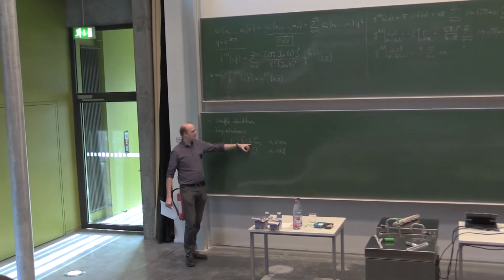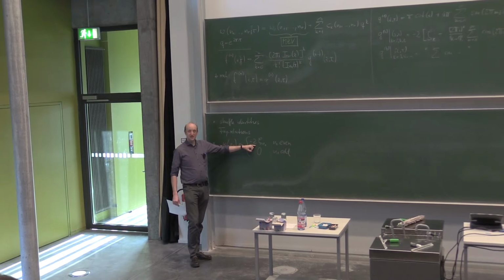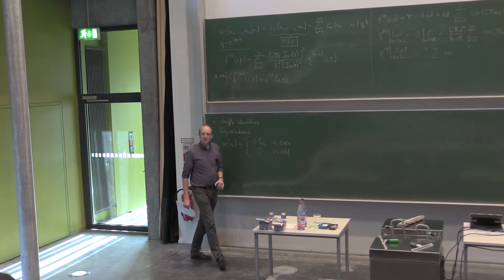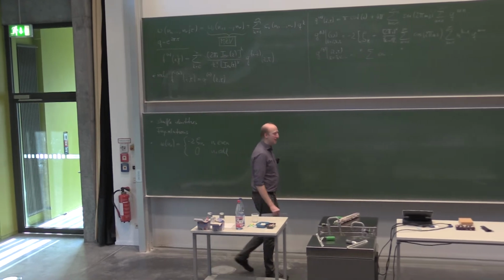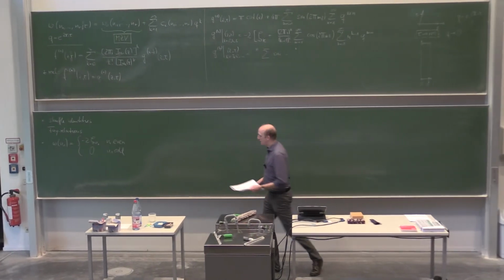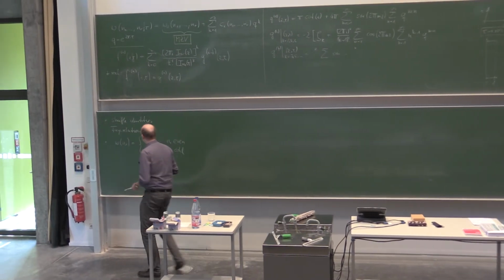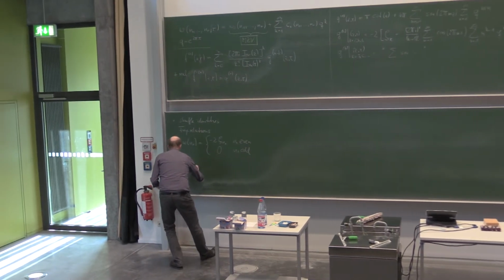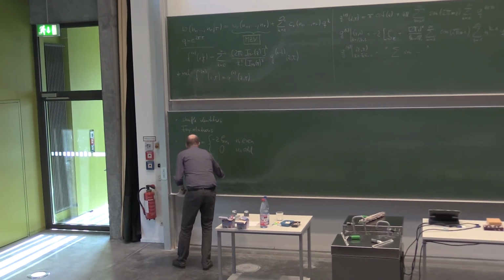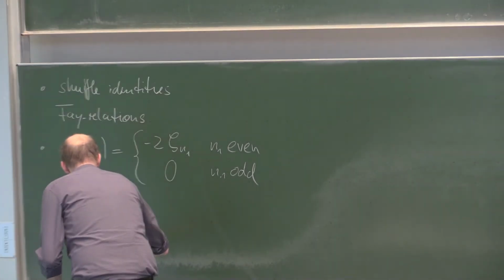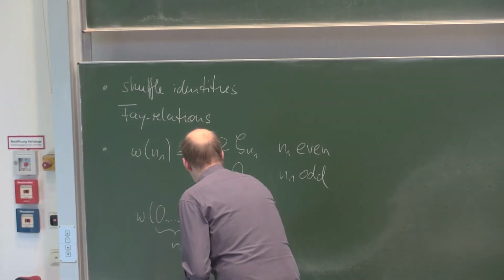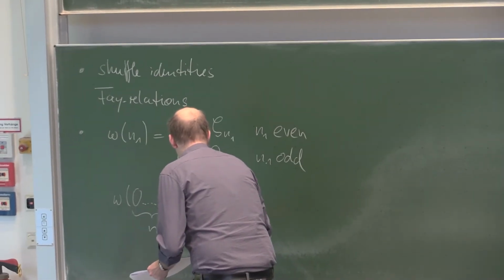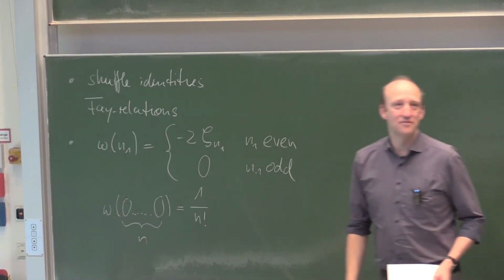And what survives only if you take a single integral over 0 to 1 will be the zeta value from the even g's. So that's the first thing. The second thing is omega of a lot of zeros, so of n zeros, is nothing else as 1 over n factorial.